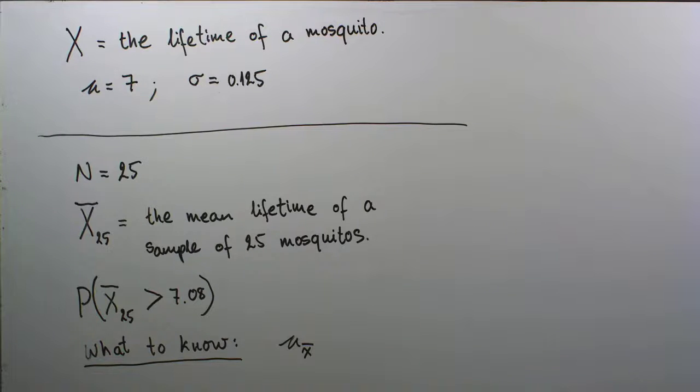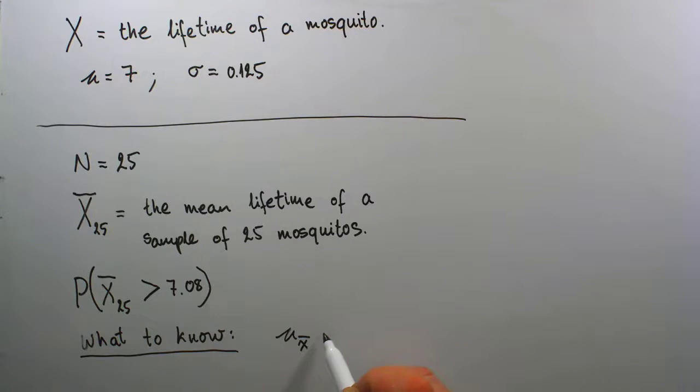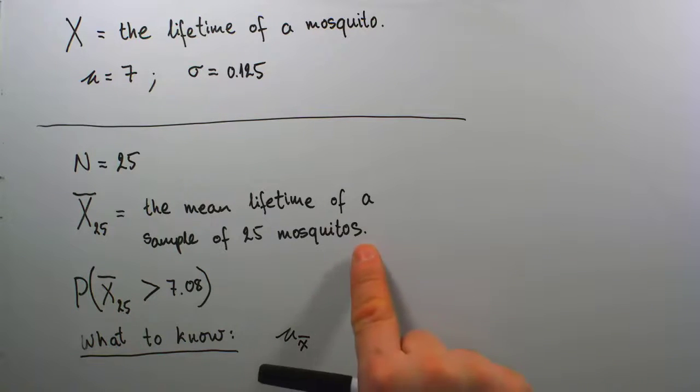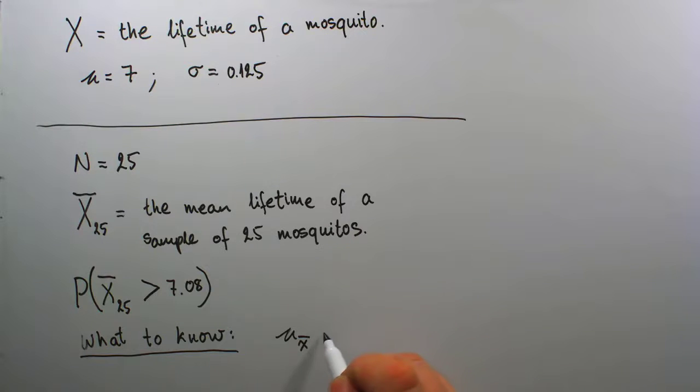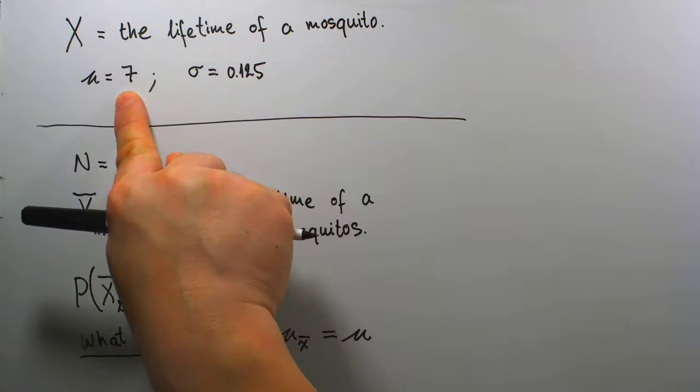Generally it's proven in a theorem, but for our class, for the practicality of our work, we don't need to look in depth at the theorem itself. There's a theorem that guarantees that this mu x bar value, supposedly the center of this population, will be equal in value to mu, the known population mean from our beginning population.